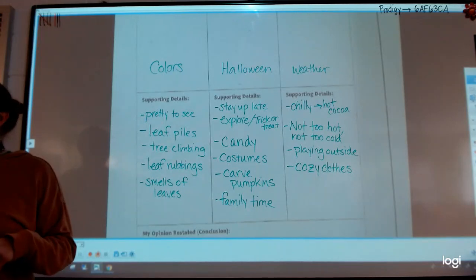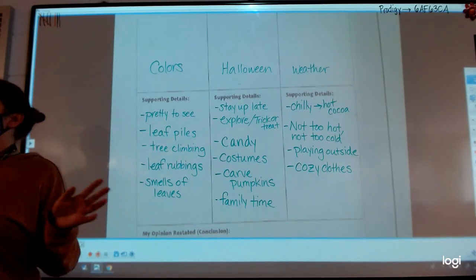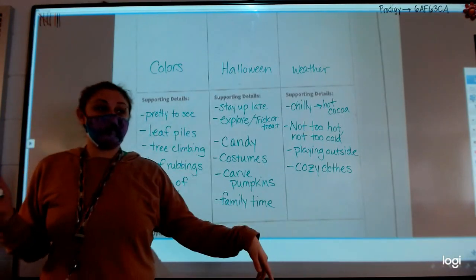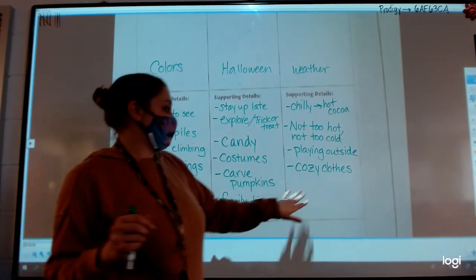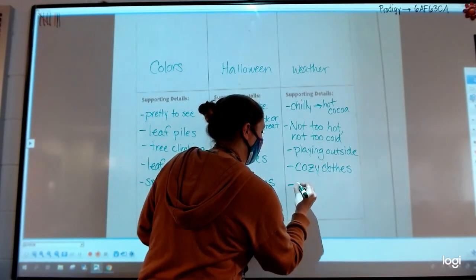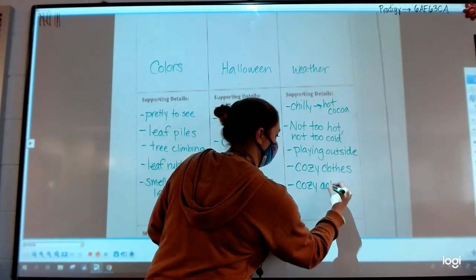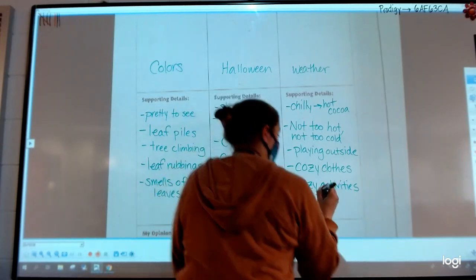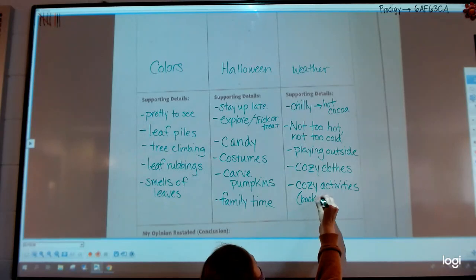And you all had mentioned earlier, fall is nice because you get to sit around inside comfy and watch movies. Part of getting cold weather, when it gets dark out sooner, you do more of those cozy activities, right? Yes. So I'm just going to sum all that up with cozy activities. And then under here I might just put books. Playing games. Books, games, movies.